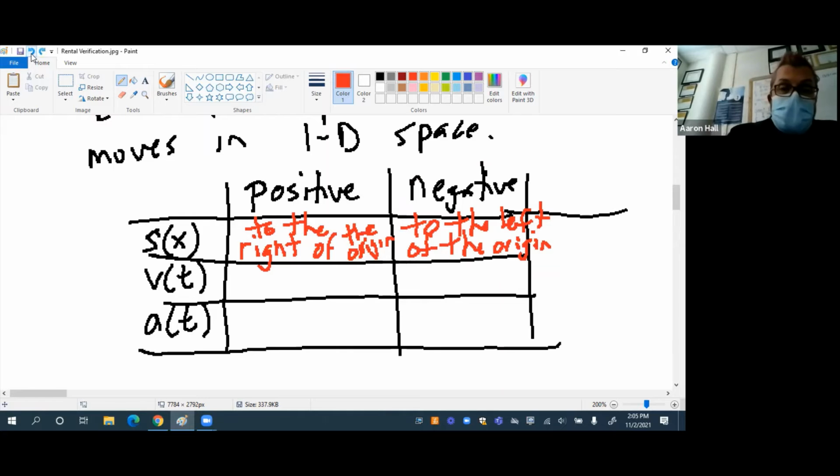All this means is moving to the right. So a negative velocity would be moving to the left.